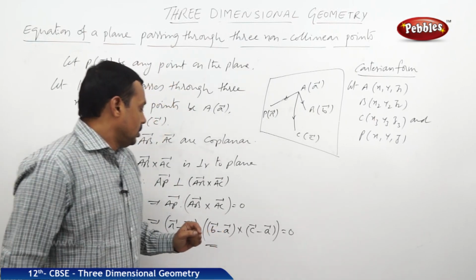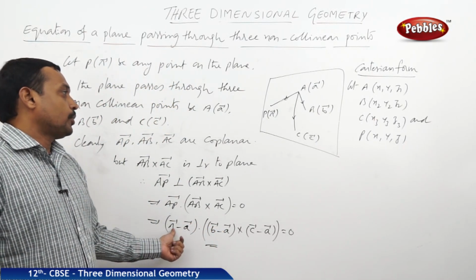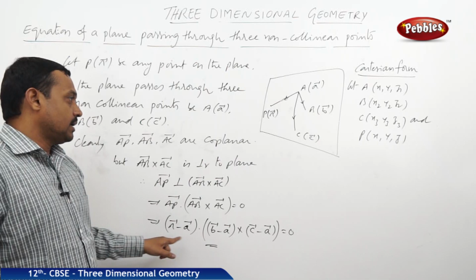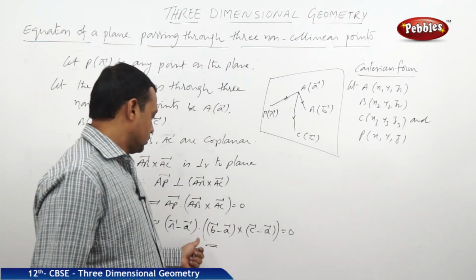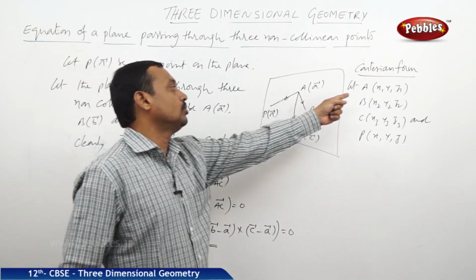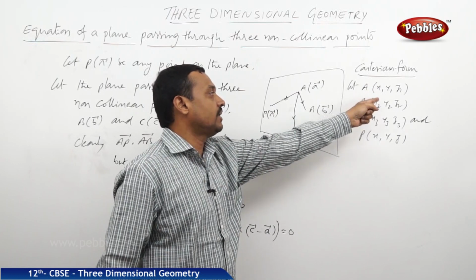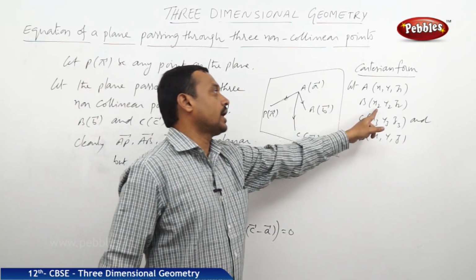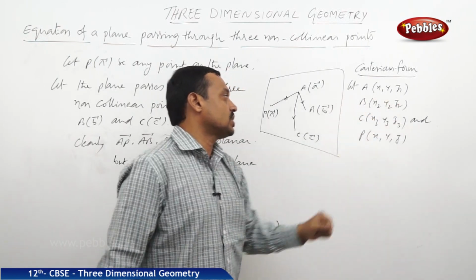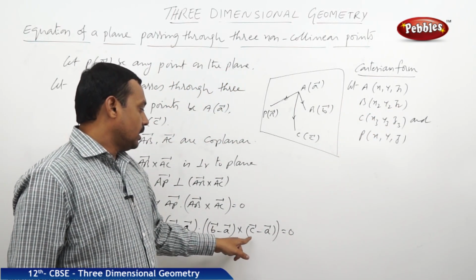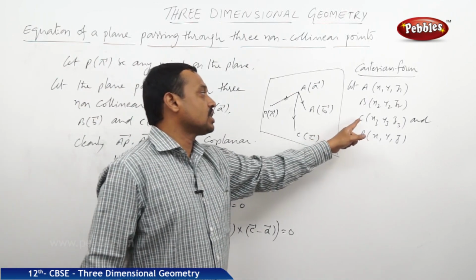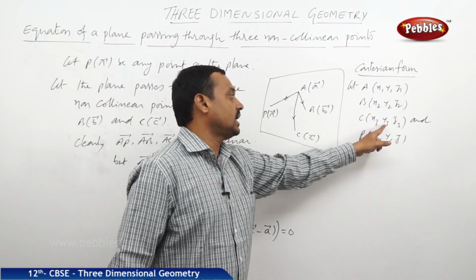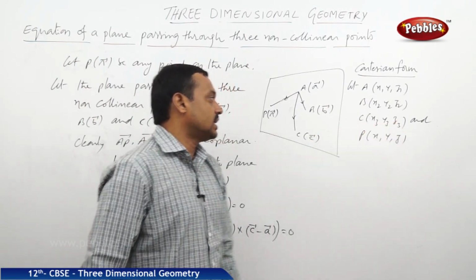Now here R bar is equal to the position vector of the point, that is xi plus yj plus zk, and A bar is equal to x1i plus y1j plus z1k, and B bar is equal to x2i plus y2j plus z2k, and C bar is equal to x3i plus y3j plus z3k.